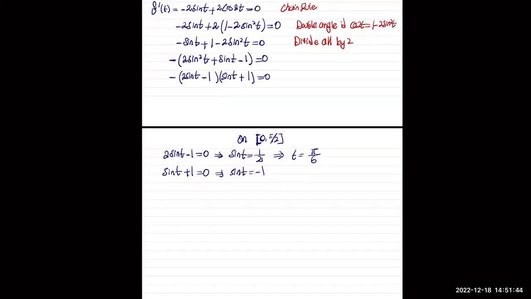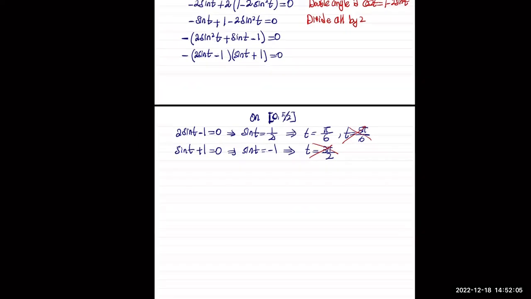And sine t is equal to -1 when t is 3 pi over 2. And again, we're not concerned with that either. So I'm writing those solutions, but I'm crossing those out. Thankfully, they're not in that interval.